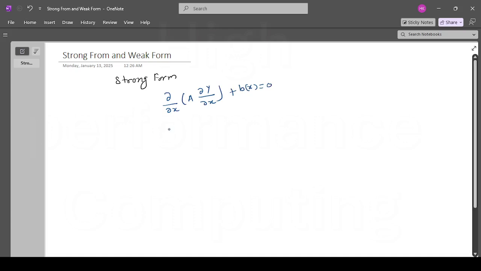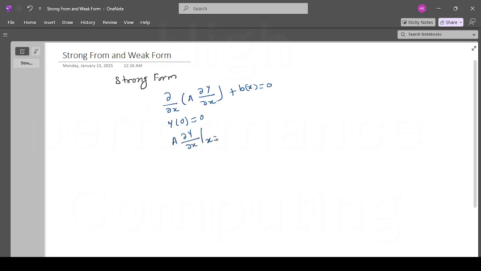Let's say the two boundary conditions are given: y at 0 is equal to 0, and a del y by del x at x equal to L is equal to some q.